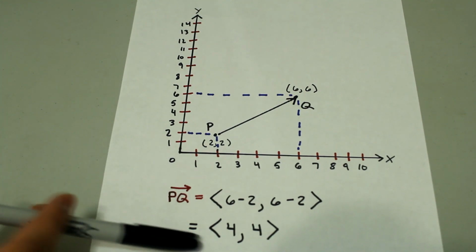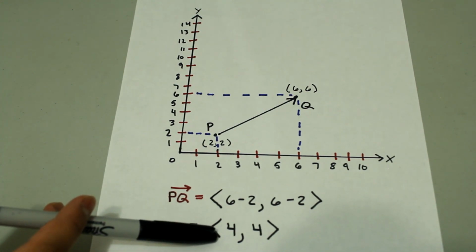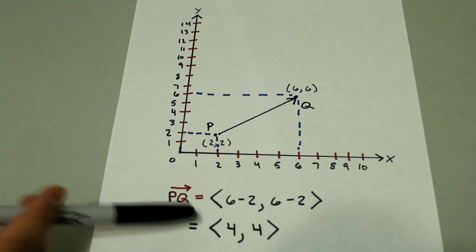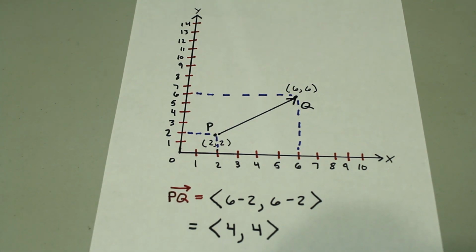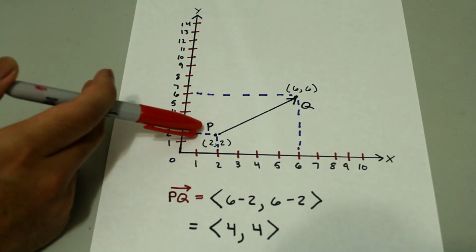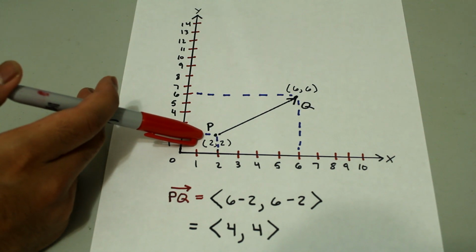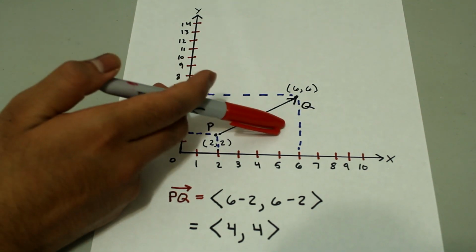Notice that when we're looking for the x component of the vector, all we are essentially doing is figuring out how much further the terminal point is from the origin than the initial point. We can look at the drawing and determine the distance between the x value of the initial point and the x value of the terminal point.